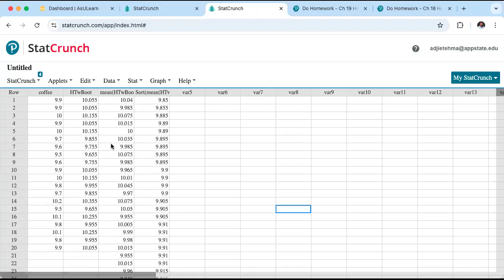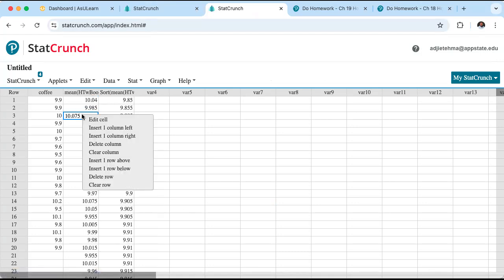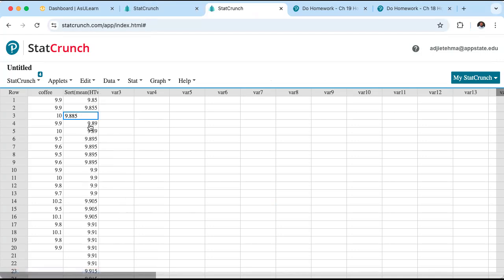I have already done that. Let me delete this thing here. So these are the data. Try to input them in StatCrunch.